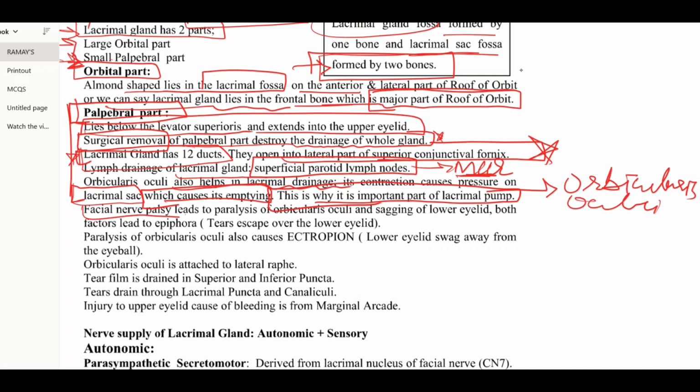Facial nerve palsy leads to paralysis of the orbicularis oculi and the sagging of the lower eyelid. Both these factors lead to epiphora, increased tear secretion, tear escape over the lower eyelid. Paralysis of the orbicularis oculi also causes ectropion, in which the lower eyelid moves away from the eyeball.